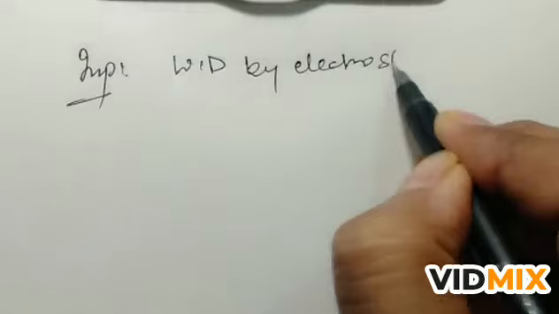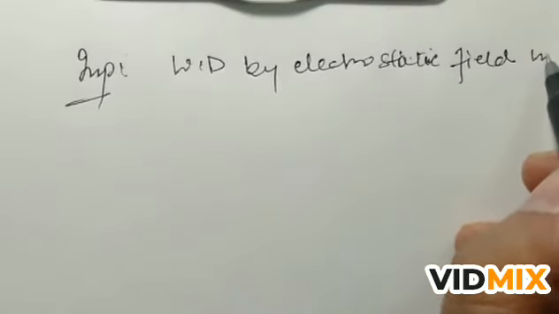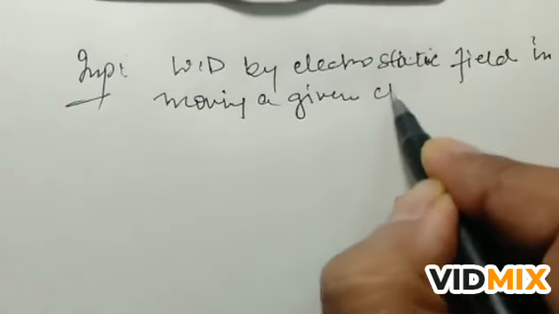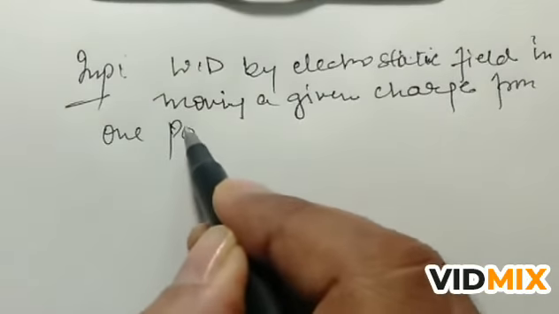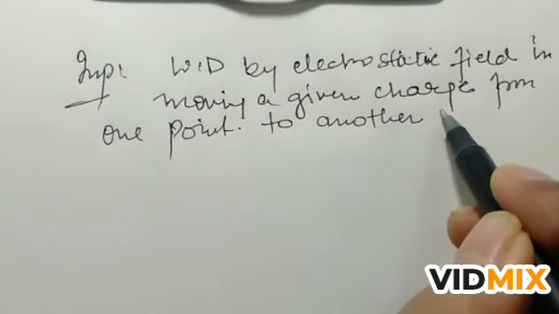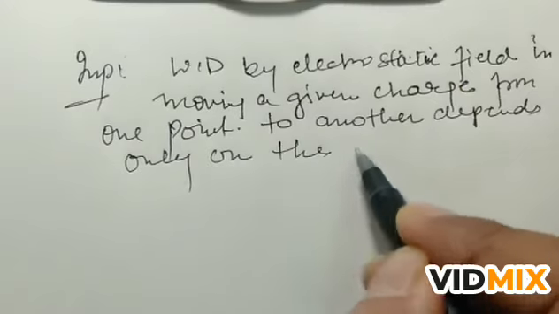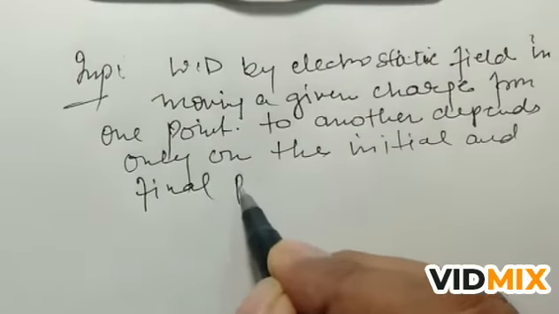The first is that the work done by the electrostatic field in moving a given charge from one point to another depends only on the initial and final points.